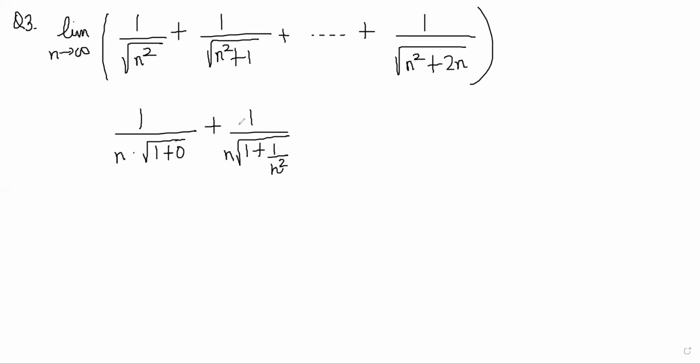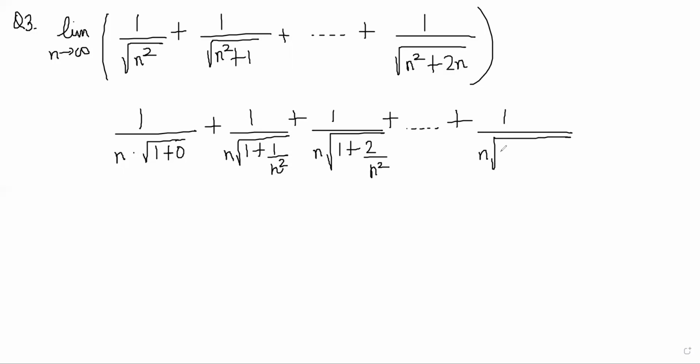N square you'll take out, then it will be this. The next term will be 1 plus 2 by n square, and so on till the last term will be 1 plus 2n by n square. Fine. This is what is coming, no?